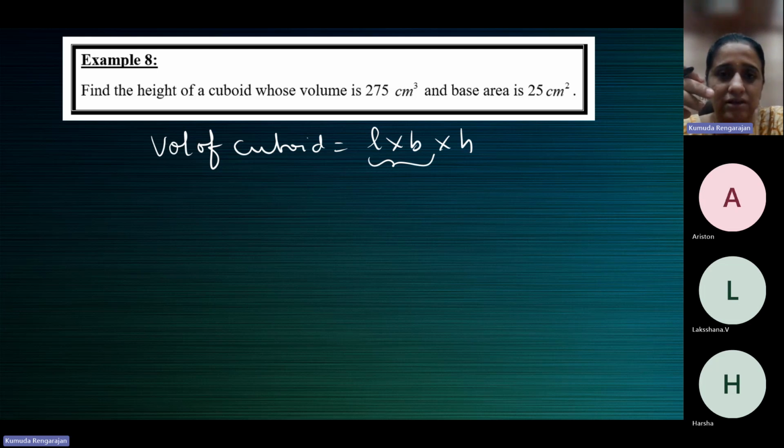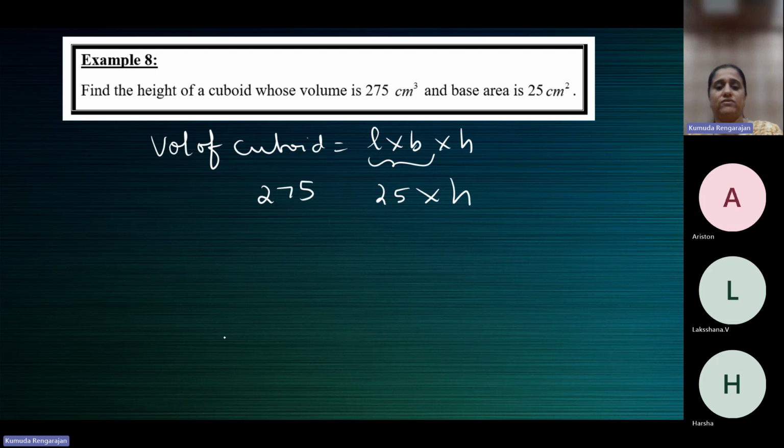It's a rectangle, and the area of a rectangle is L into B. Base area is given, so L into B is 25. Into H, which is not known, is equal to the volume 275. So H will be equal to 275 divided by 25, which is 11.